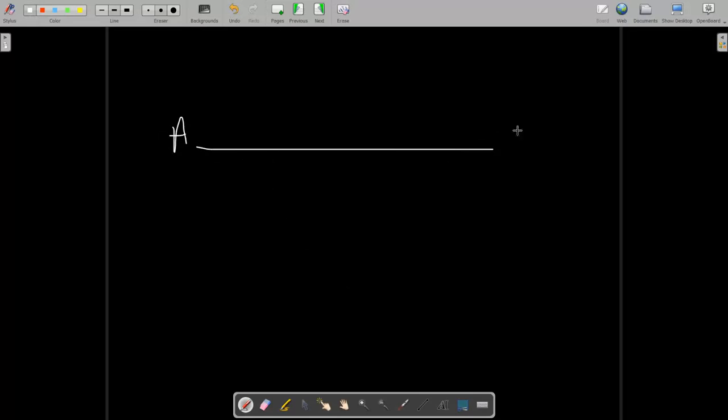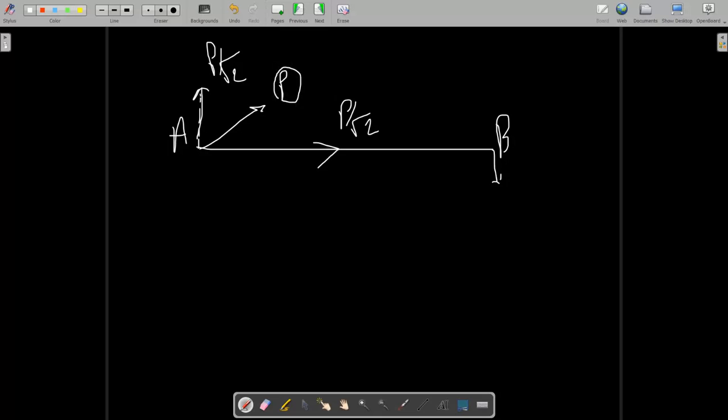On the line of action here, P by root 2 force is acting, and at joint A and joint B also P by root 2 force is acting. So the resultant force P is acting at 45 degrees.